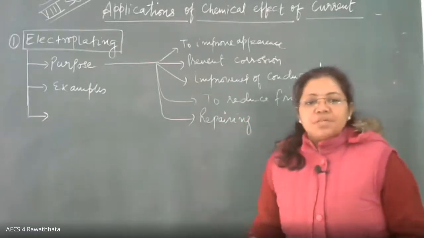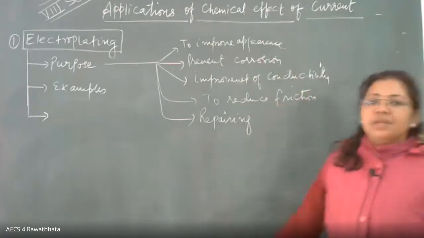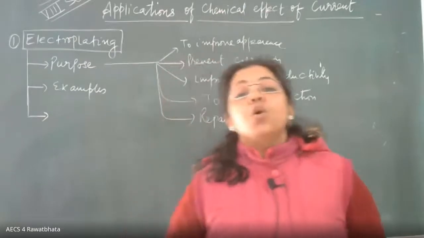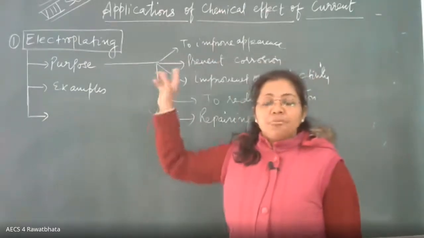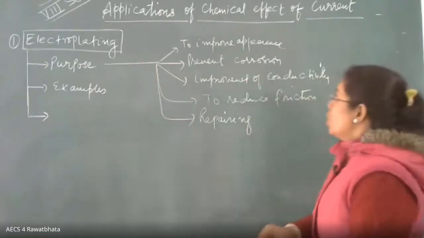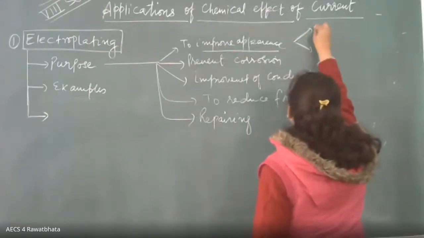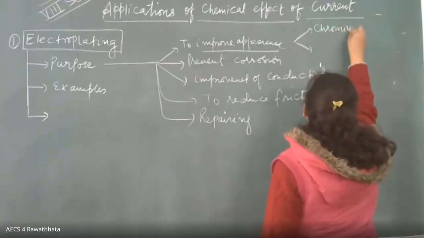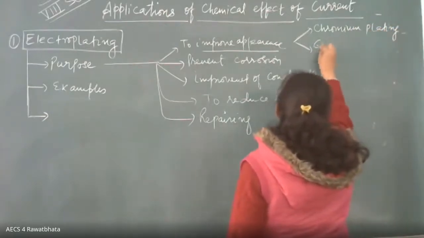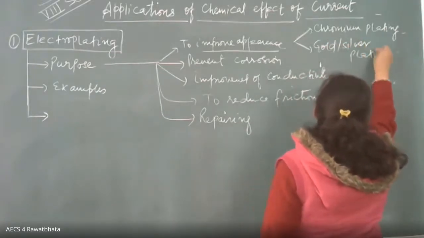So the basic purposes for which we carry out electroplating is to improve appearance. Appearance means we want to make our material more beautiful and more attractive. For each purpose, I gave you certain examples also. To improve appearance, we discussed chromium plating and gold or silver plating.